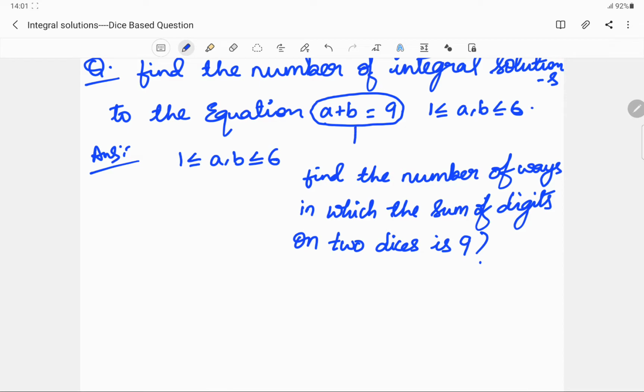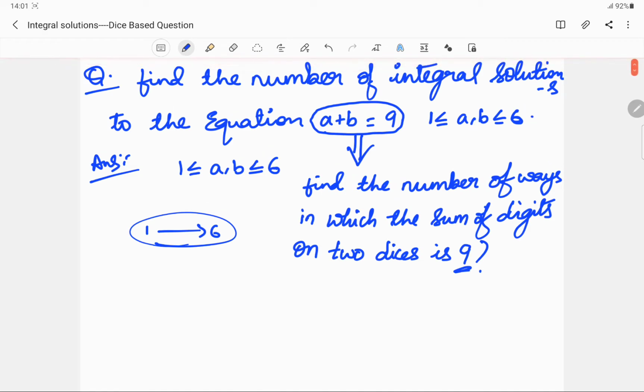So this is a plus b equals 9, that's why it is 9. Why is it similar to this? Because when we roll dice, we are going to get any digit from 1 to 6. So that is why these two questions are similar.